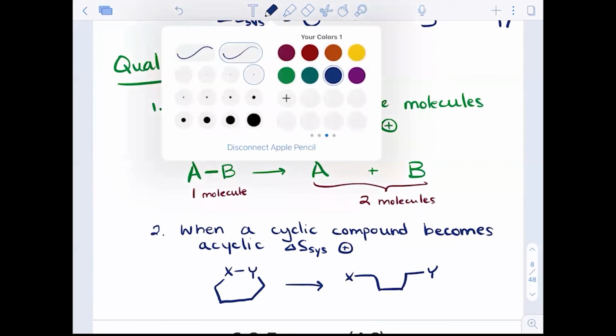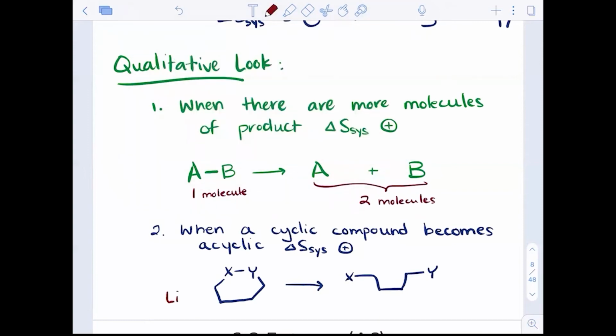Now, we do know for a cyclic molecule, there is limited rotation. Think of chair cyclohexane. It does rotate, but not a full 360 degrees like a Newman projection did for an alkane.